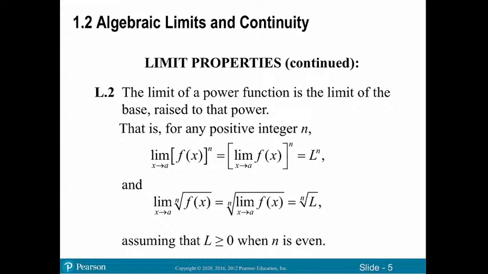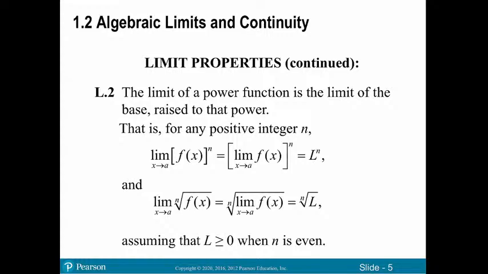Similar with root functions, because the root is still just another power. The limit of a root is the root of the limit of that base, assuming that the limit is greater than or equal to 0, in other words non-negative, when n is even, because you can't take the even root of a negative number.